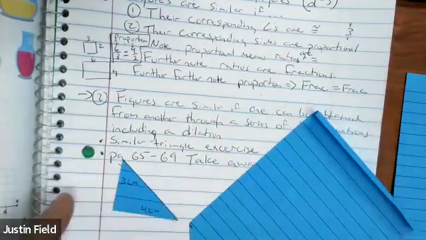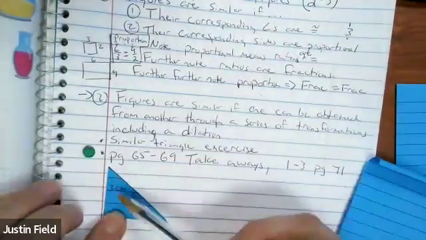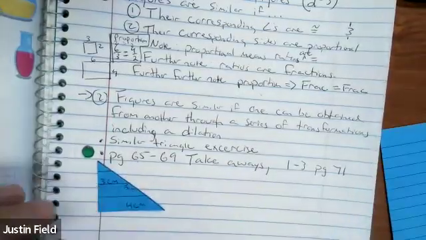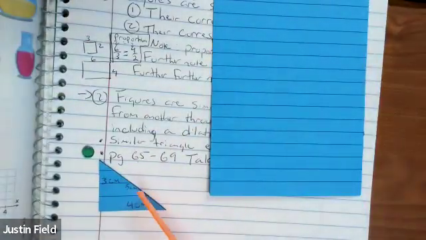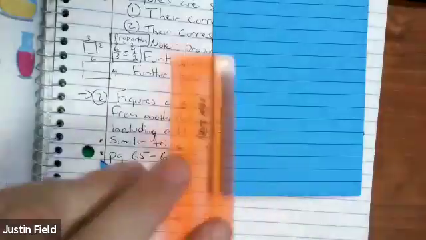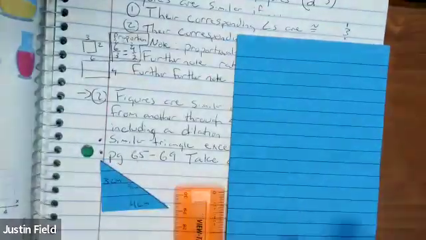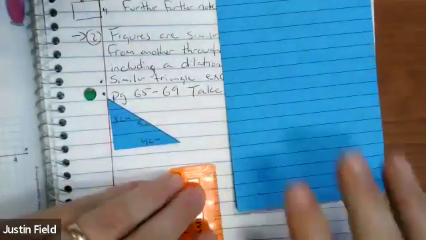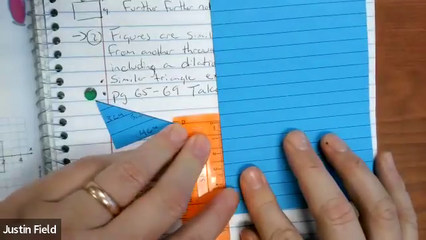And we know that this side would be 5 centimeters because 9 plus 16 equals 25, right? Pythagorean theorem.